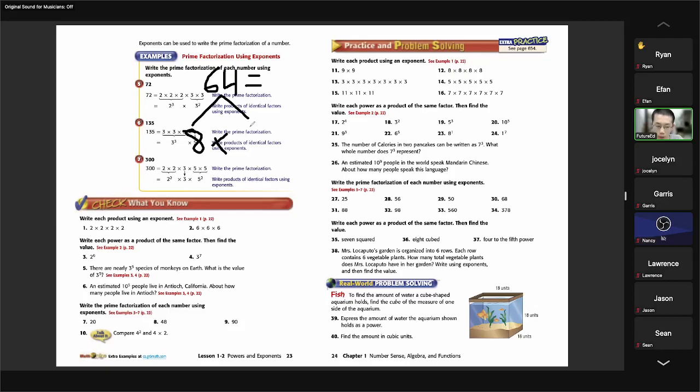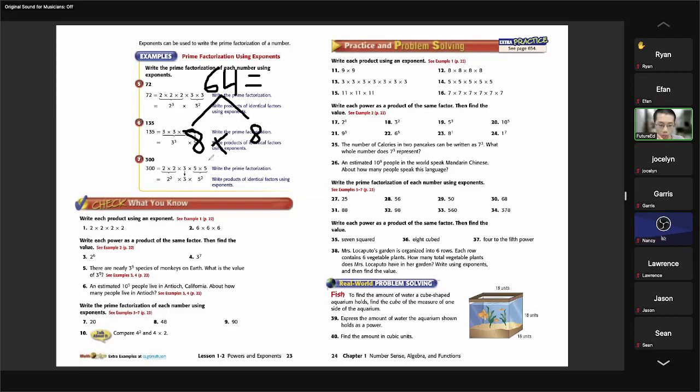You can just keep on adding 8s until you get to 64. So what multiplied by 8 equals 64? I think it's 8 times 8. Exactly. 8 times 8 is equal to 64.